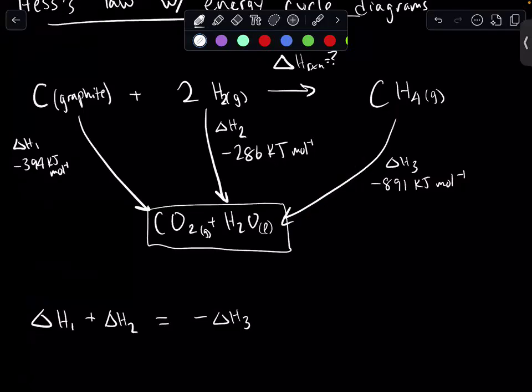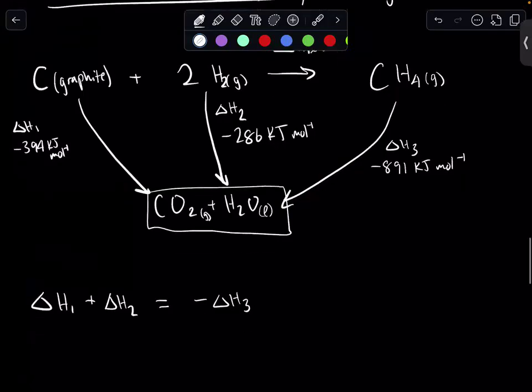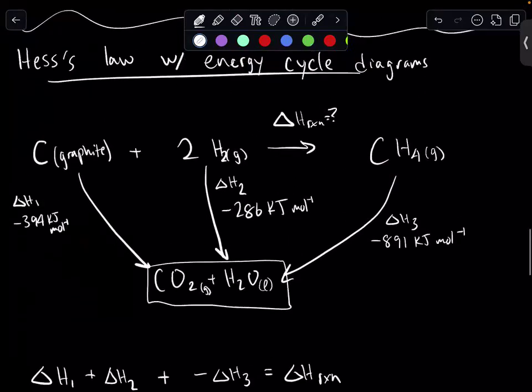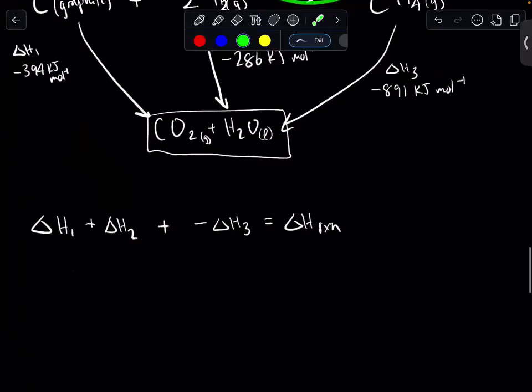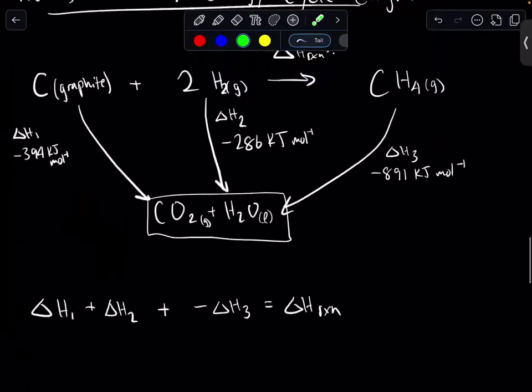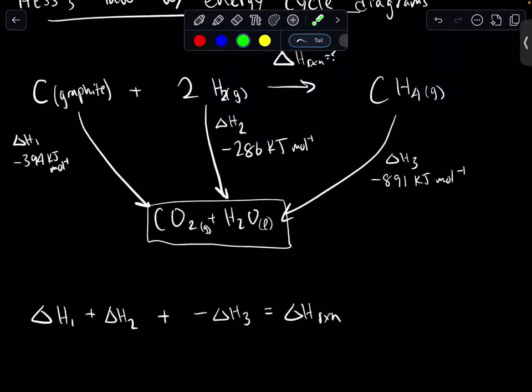Sorry, I made a mistake. Delta H1 plus delta H2 plus the inverse of delta H3 should be equal to the delta H of the reaction, as that is our overarching goal here.